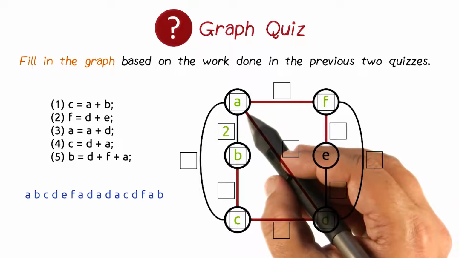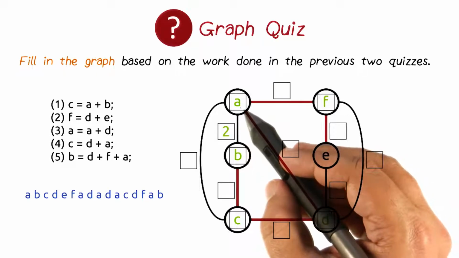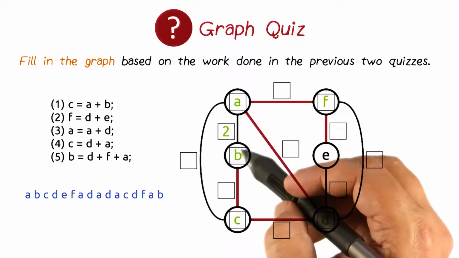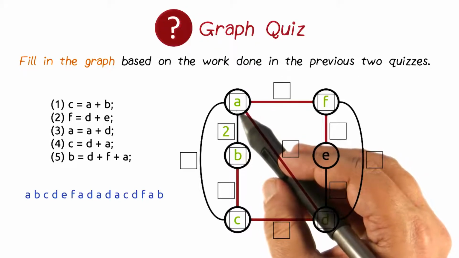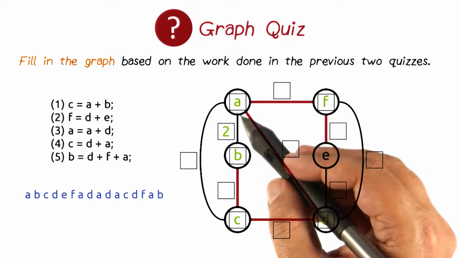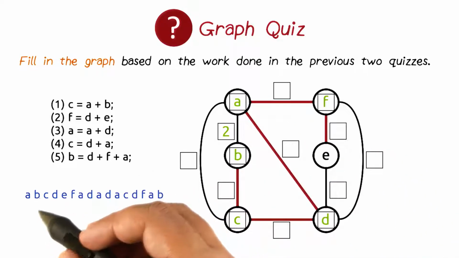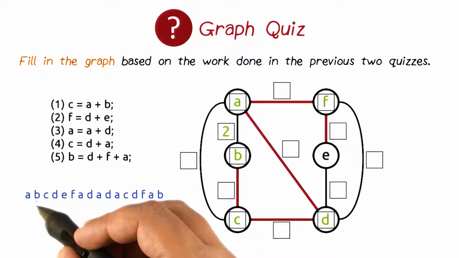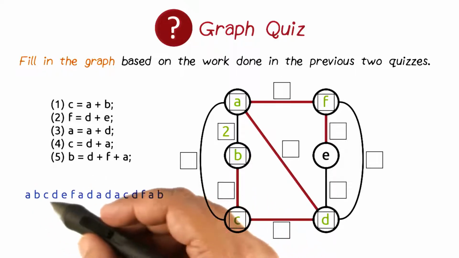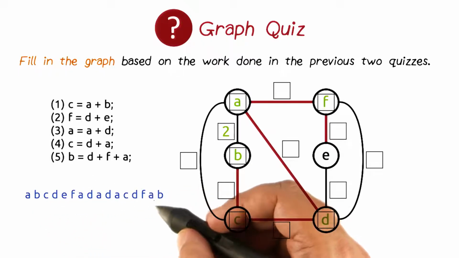Now to find the edge frequencies, let us start with the transition from A to B or B to A, which is the same thing, and find out the total number of transitions that are there. So if you go to the access sequence, you can see that we transit from A to B here once. And if we keep scanning further, we do have another transition going from A to B here.